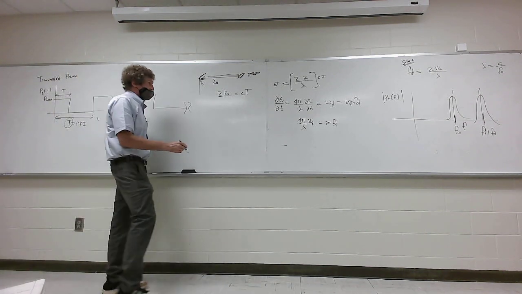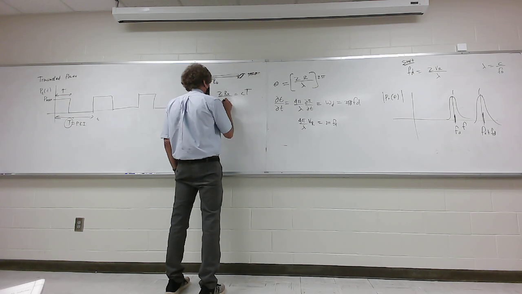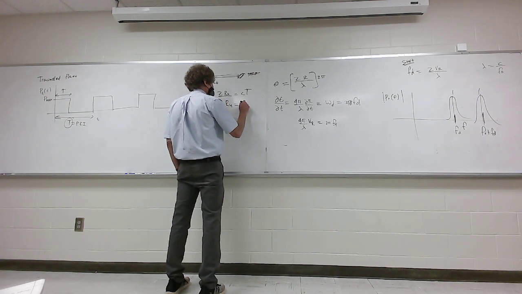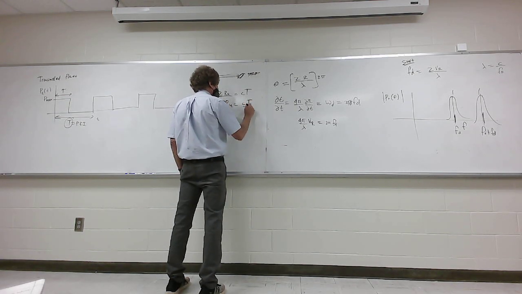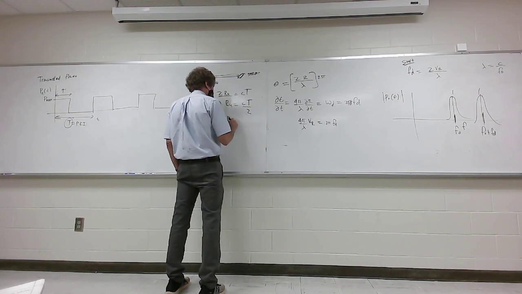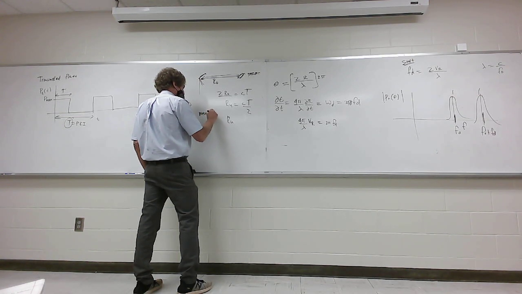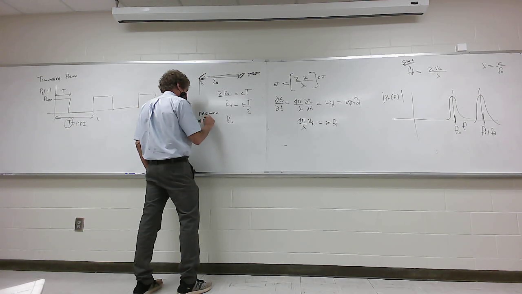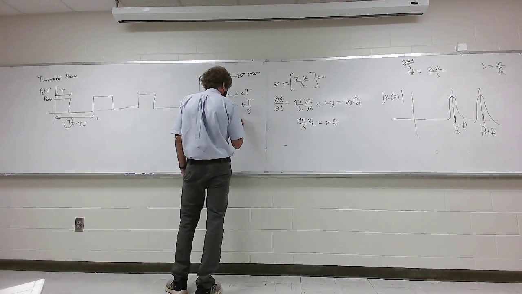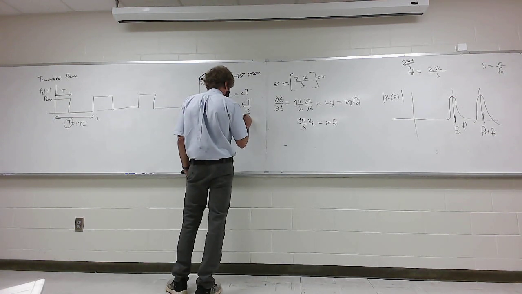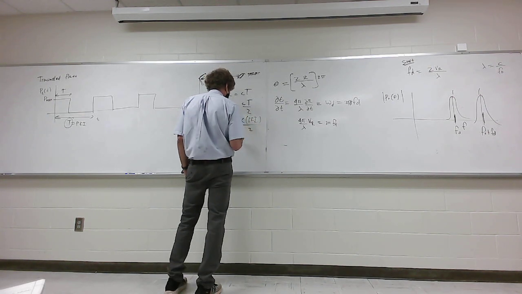So I can say the maximum unambiguous range is equal to C times T over 2. This is called maximum unambiguous range, and that's C times, a lot of times it's PRI or T, divided by 2.